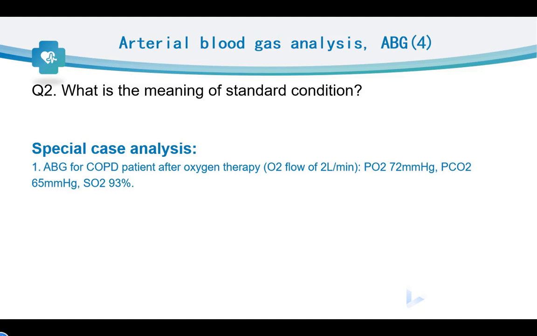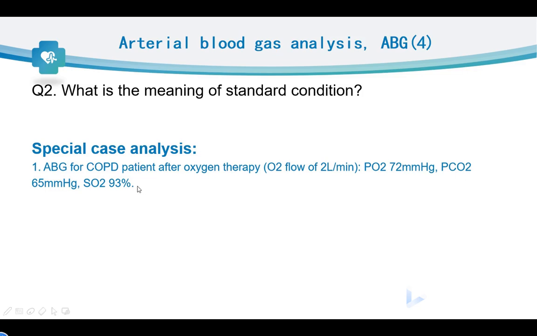After admission to hospital, this patient received oxygen therapy because of severe dyspnea. In that condition, we arranged an ABG analysis for this patient, and the report of the ABG presents partial pressure of the oxygen is 72 mm of mercury, and the partial pressure of the carbon dioxide is 65 mm of mercury.